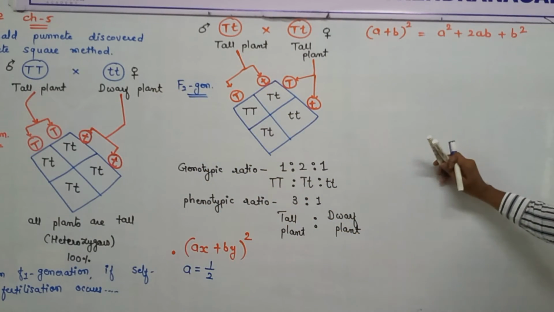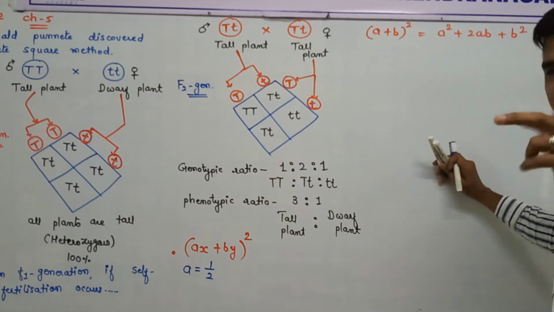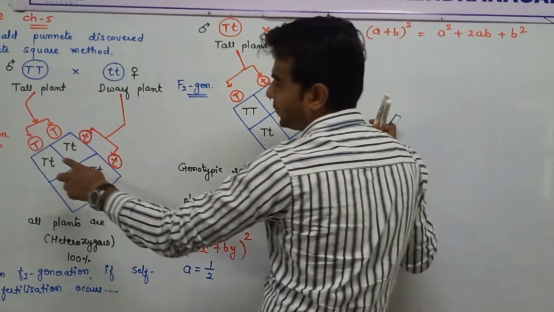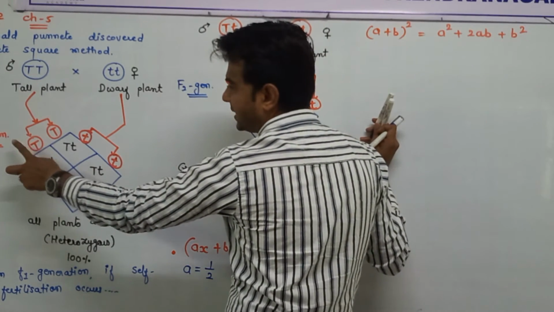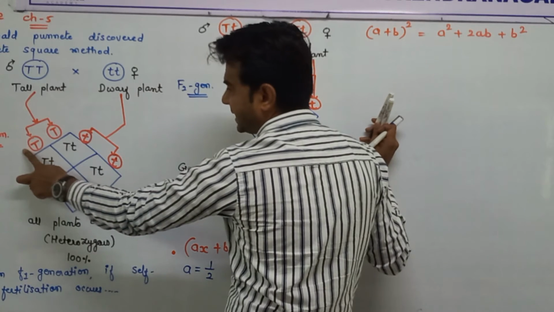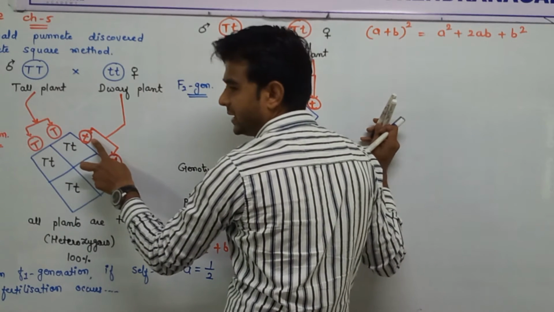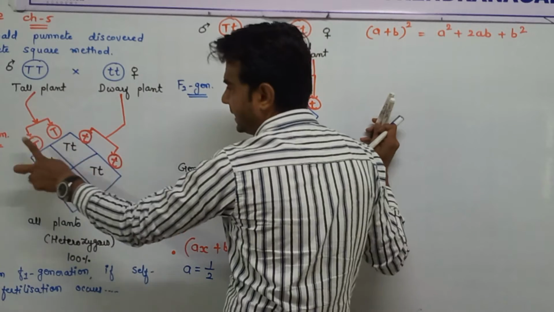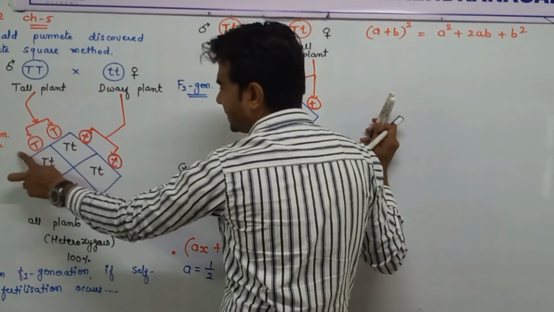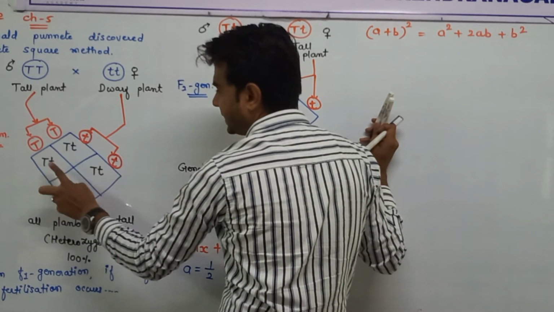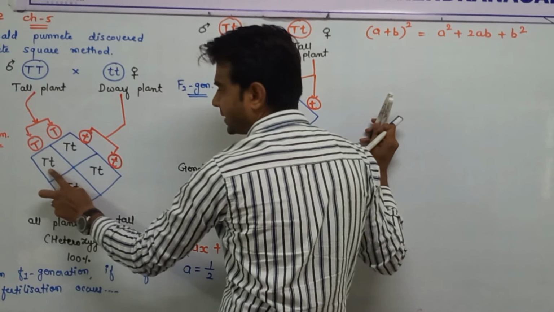So gametes are two, but only one is able to fertilize. So 50 percentage chance of the capital T fertilizing with the 50 percentage chance of the small t, and in this way 25 percentage possibility of the formation of the zygote here.